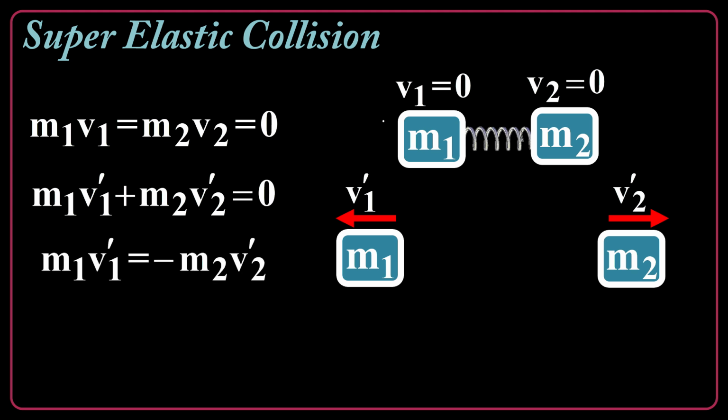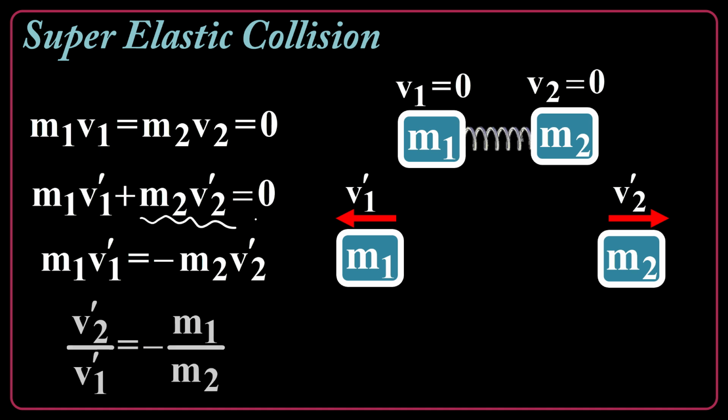Anyway, we can take m2 v prime 2 to the right side of the equation and then solve it like that, make a ratio. V prime 2 over v prime 1 is negative m1 over m2. Here we have inverse relation. So if one of the objects has larger mass, it will have a smaller speed.